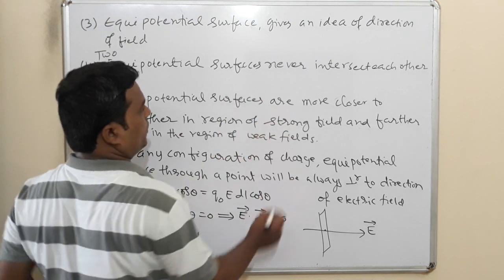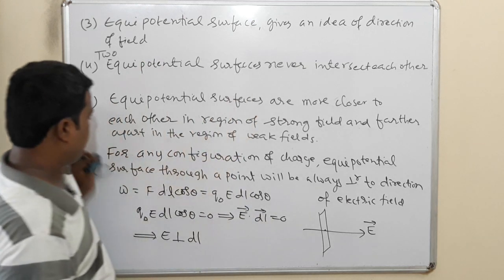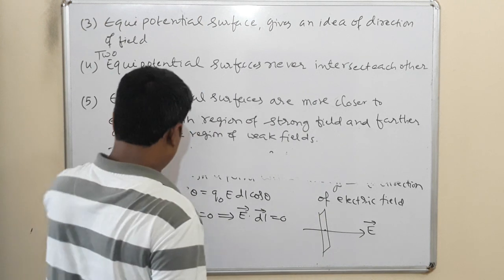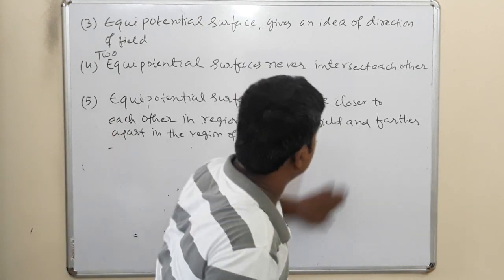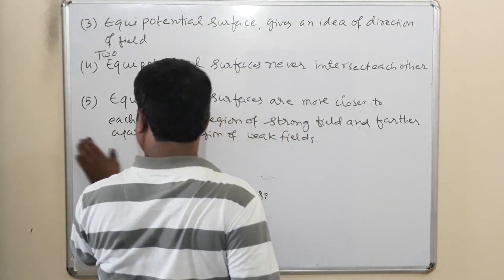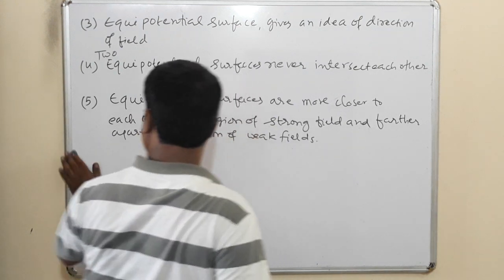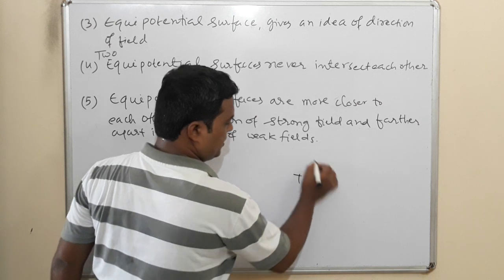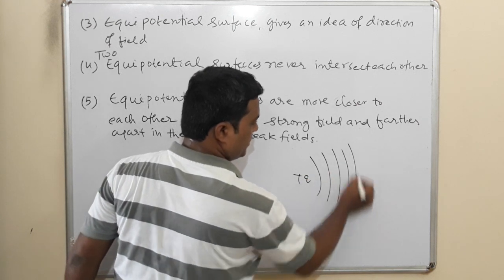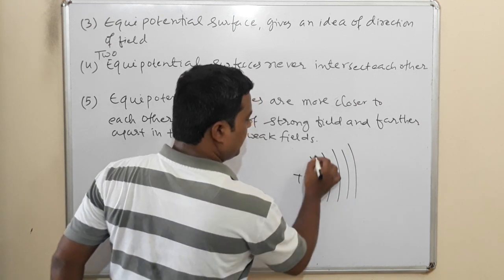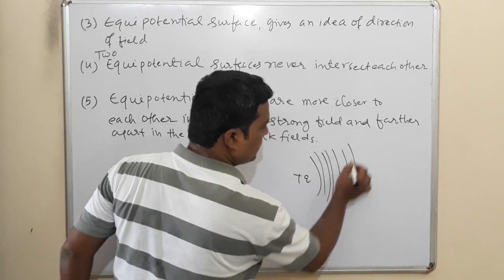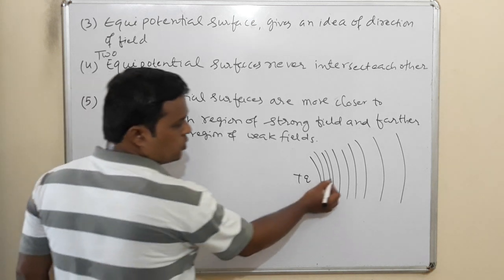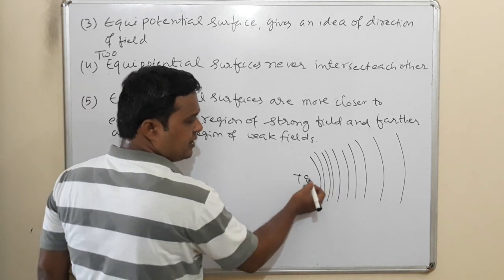Suppose I draw equipotential surfaces for a particular charge, for example this is a positive charge. When I am close to the charge, equipotential surfaces are closer to each other.